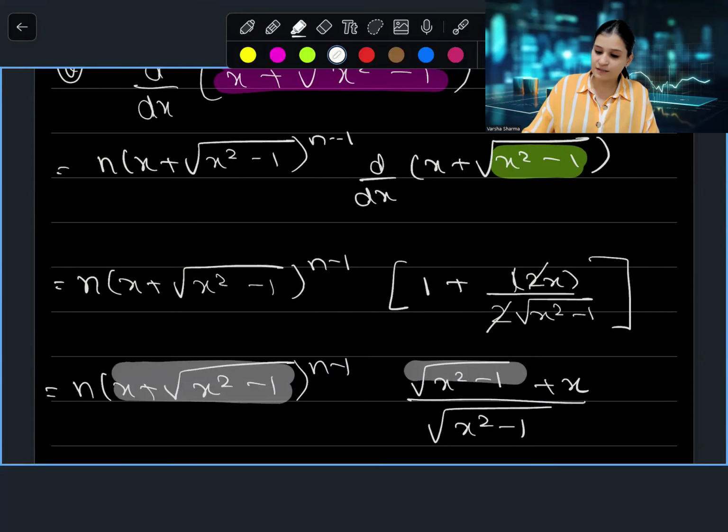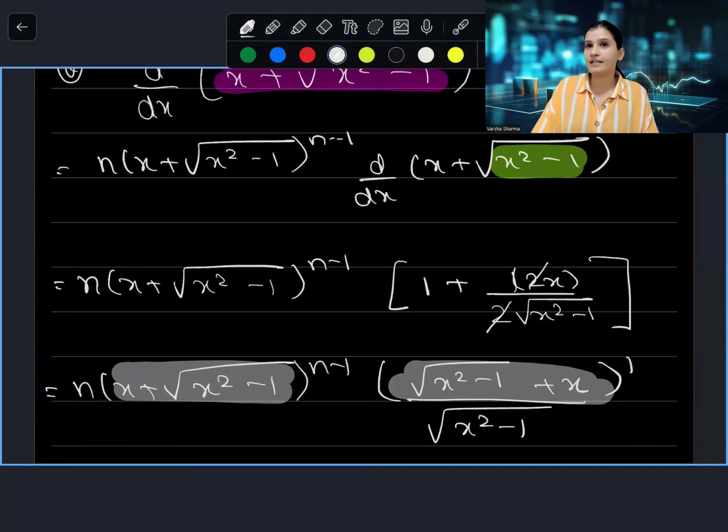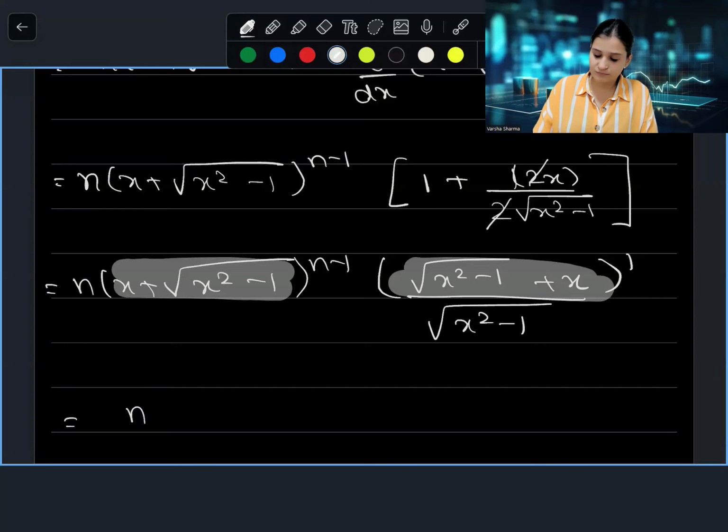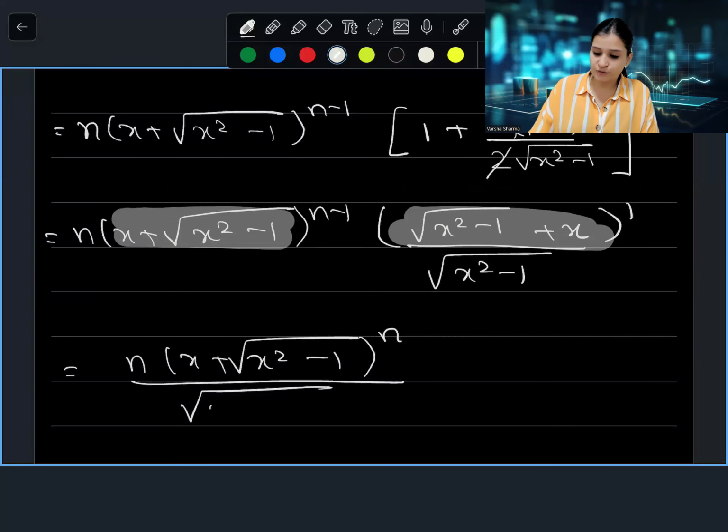So same base, multiply, power add. So here there is no power, so 1. n minus 1 plus 1. The power will become n upon root x square minus 1. Online? Yes, ma'am. Any doubts?